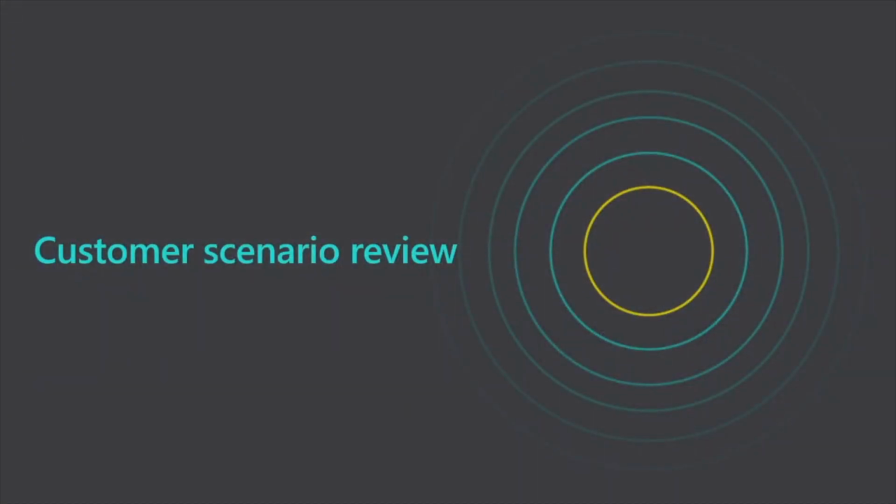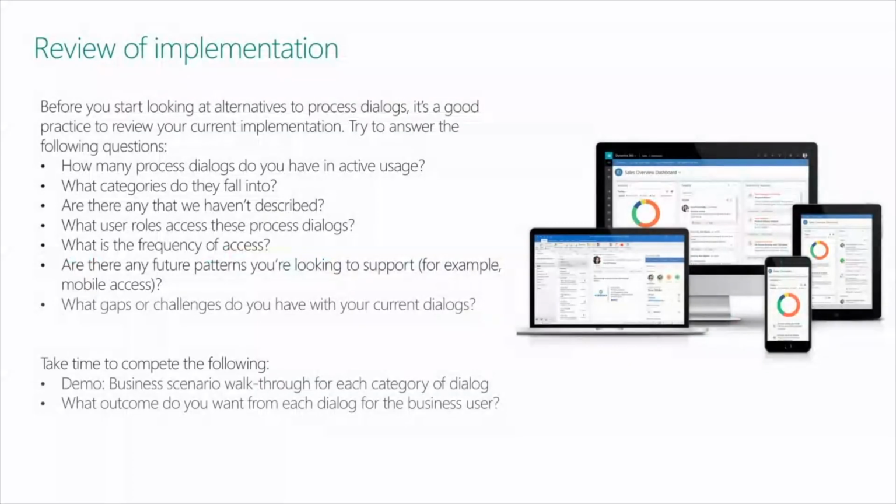So the first thing that you want to start with when we're talking about dialogue replacement is really understanding your use cases and what the customer scenarios are. Before you start, it's always a good idea to review your implementation. Try to answer the following questions. How many dialogues do you have?